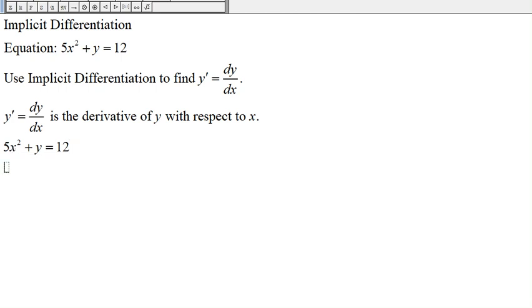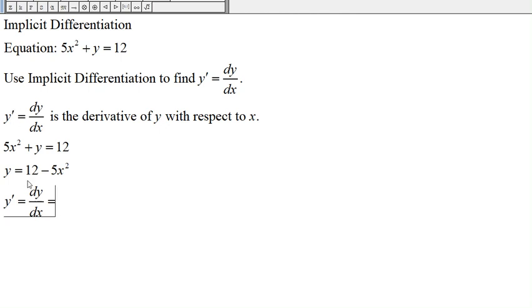We subtract 5x squared from both sides, and we get y equals 12 minus 5x squared. And so y prime, which is dy/dx, or the derivative of y with respect to x.